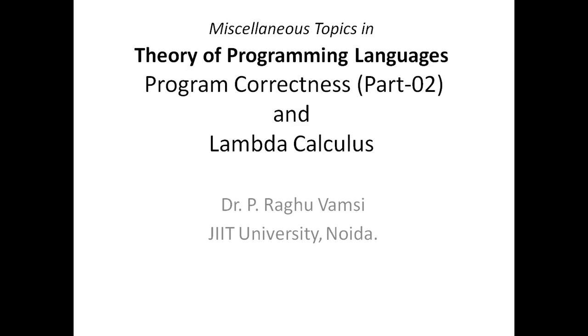Program correctness is sometimes also called program verification in some textbooks. In software engineering you might have studied verification and validation. Verification is nothing but are we building the right product, whereas validation means are we building the product right.